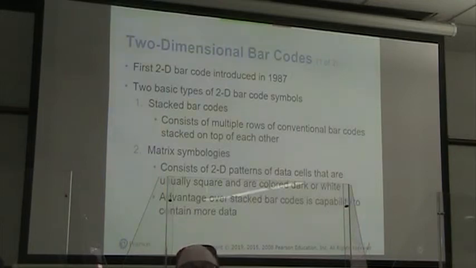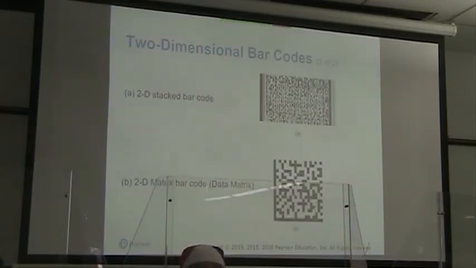Usually they're square and they're colored dark or white. Their advantage is they can contain more data. So here we see a 2D stacked barcode, and each of these individual lines is able to be read as a separate piece of information that goes into the system.